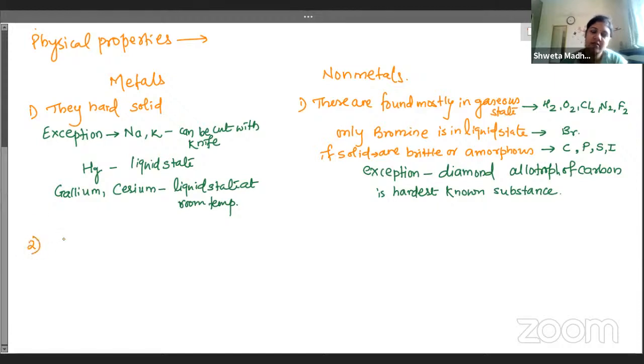Then second, metals are ductile and malleable, and non-metals are non-ductile, non-malleable.